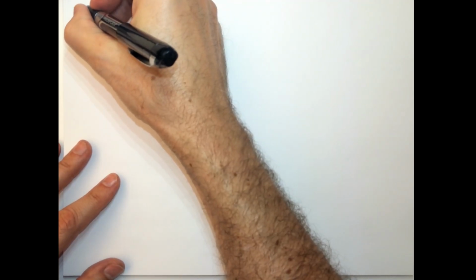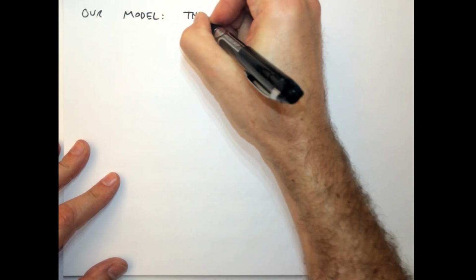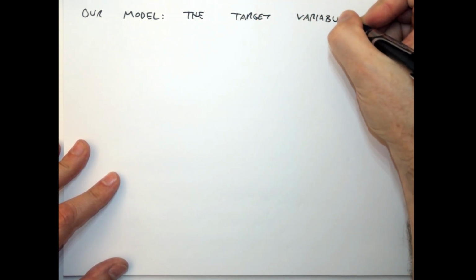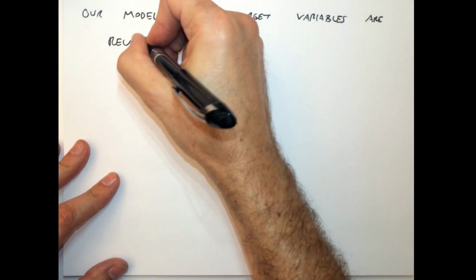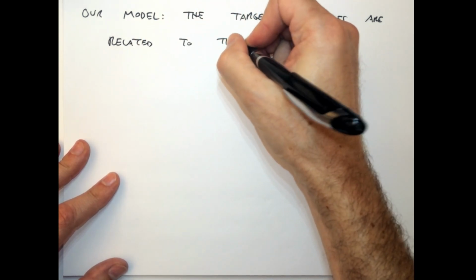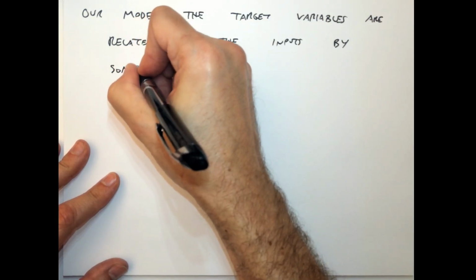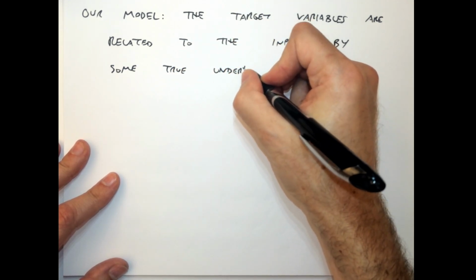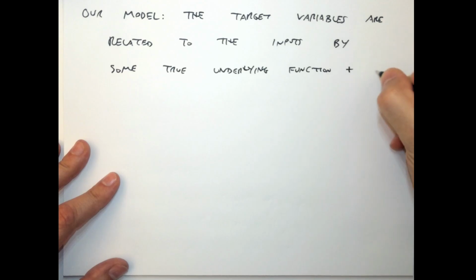So our model is that the target variables are related to the inputs by some true underlying function plus some sort of noise.